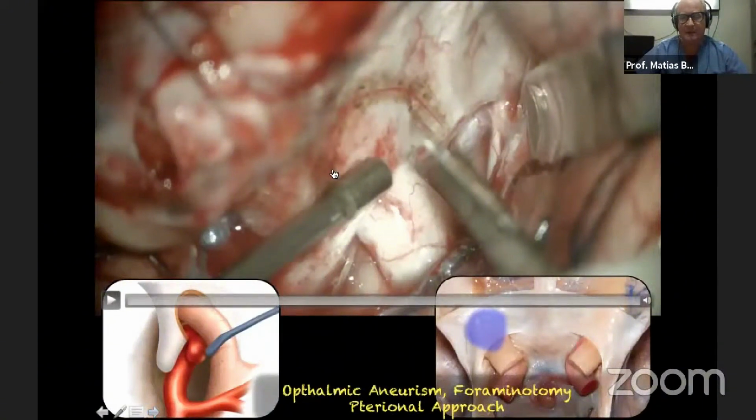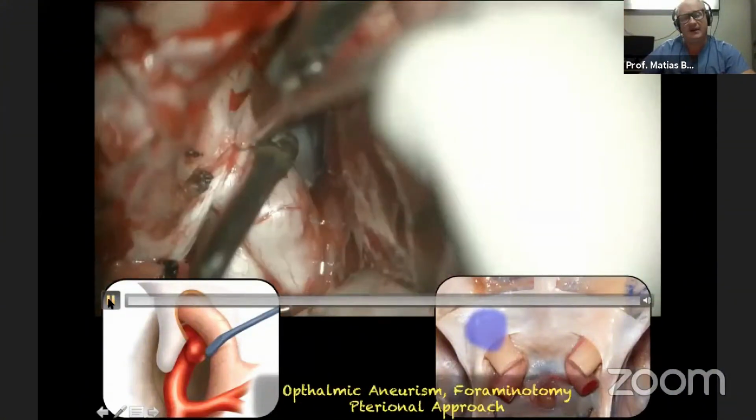Another example of the possibility of removal of the roof of the optic canal in order to mobilize this optic nerve that was displaced by a small aneurysm in the superior carotid ophthalmic segment of the artery in this place.